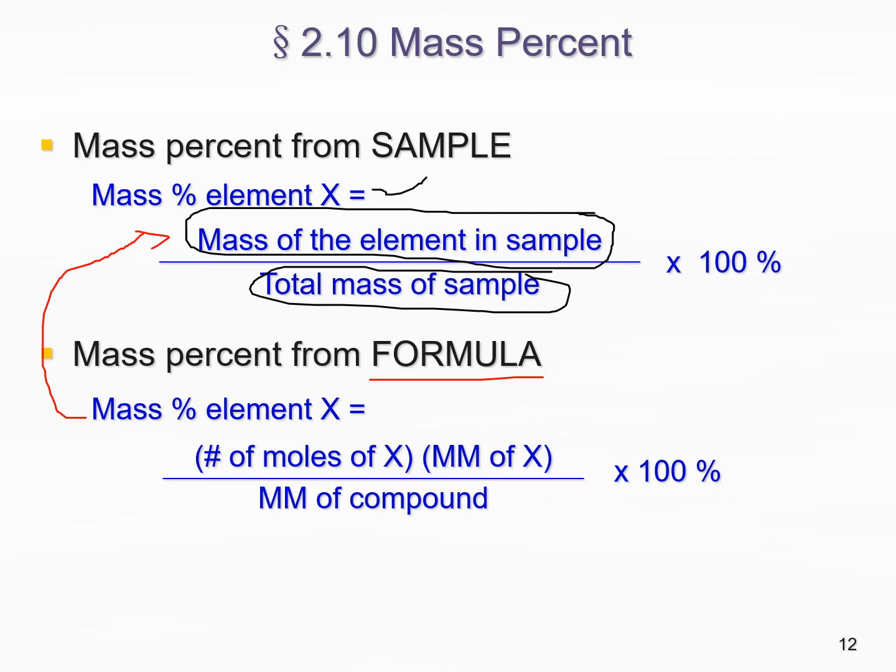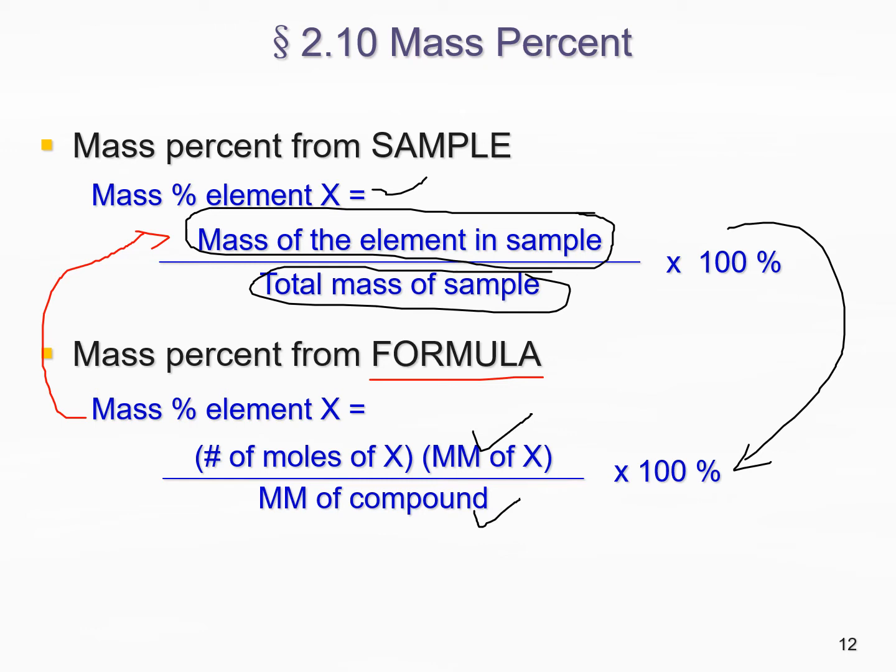Remember, the same mass percent can be represented by this formula. That means we can go backwards: by knowing the mass percent of the element, and with this formula, we know the molar mass of the element. If we know the formula, we could know the molar mass of a compound.